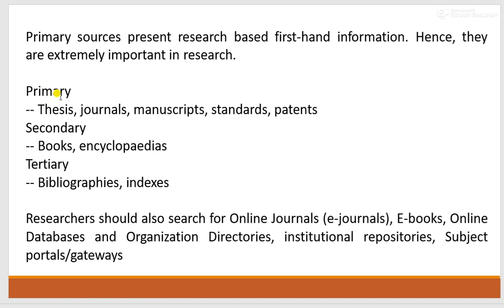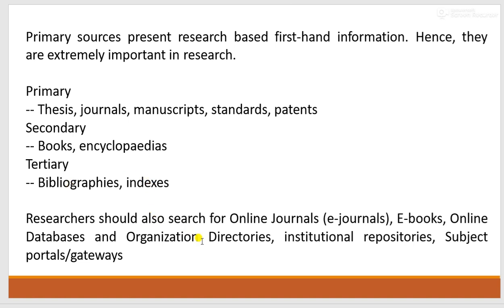Primary source documents include theses, journals, manuscripts, standards, and patents, while secondary includes books and encyclopedias, while tertiary sources of literature include bibliographies and indexes.